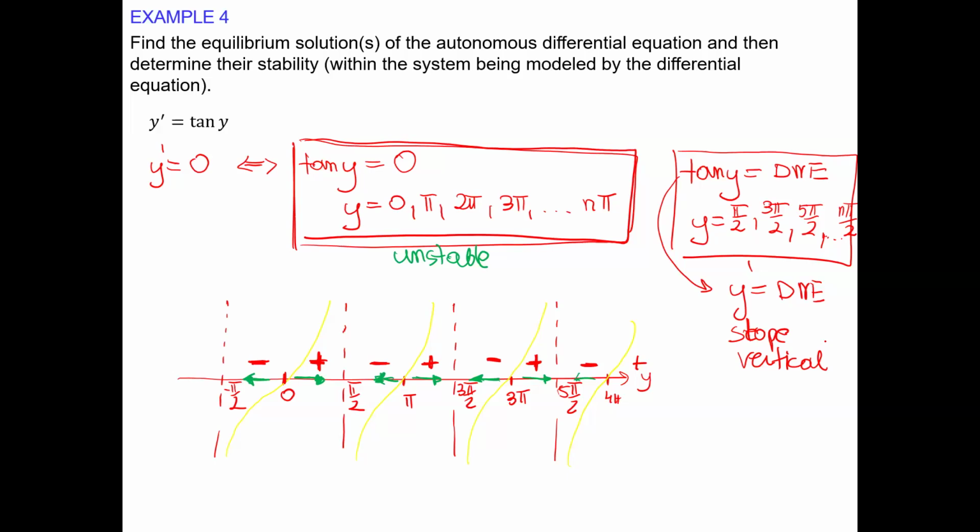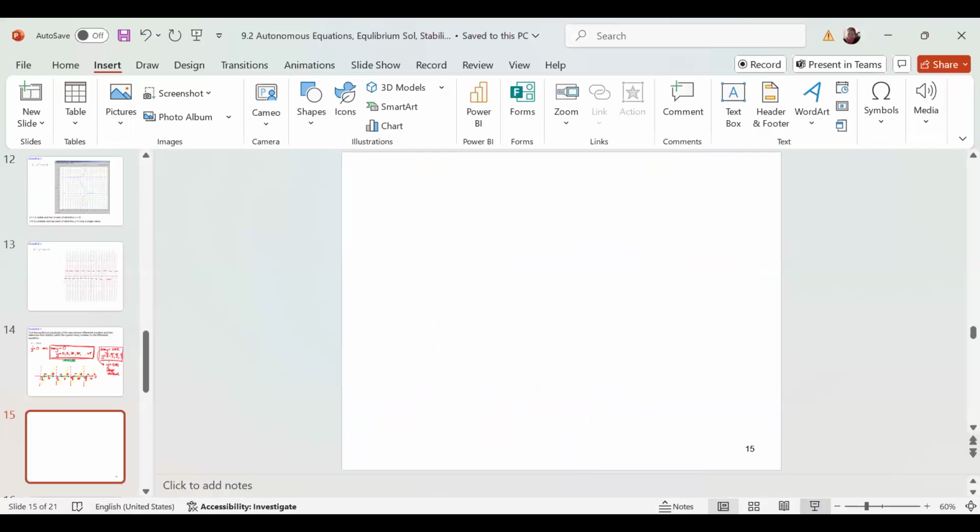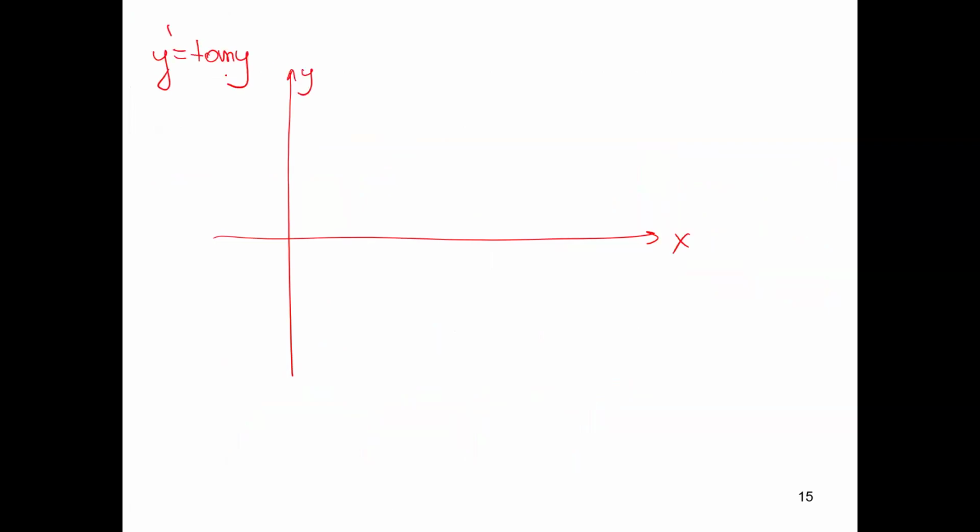Oh, I don't have room to draw. I mean, I have the graph, but let's try to see how the solution looks like. This is the autonomous differential equation, and we know 0 is an equilibrium solution.